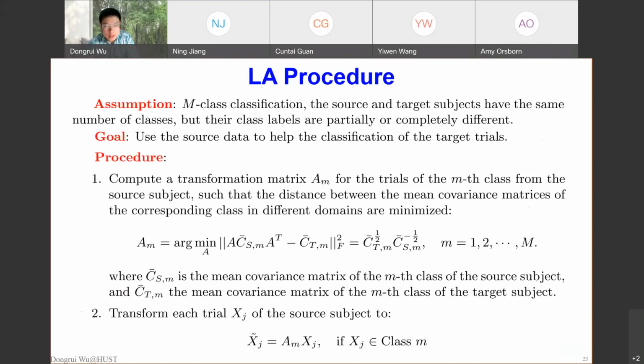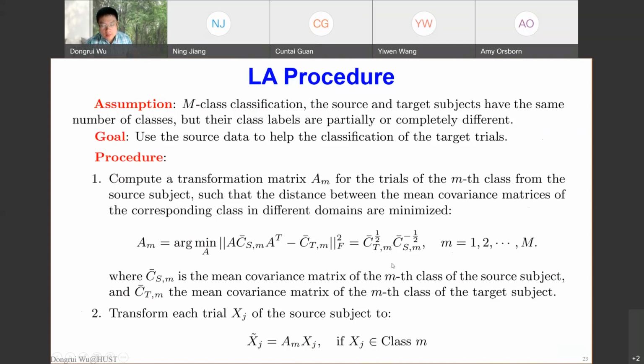And again, it has only 2 steps. The first step is to compute a transformation matrix AM for the trials of the M's class from the source subject, so that the distance between the mean coherence matrices of the corresponding classes in different domains is minimized. This transformation matrix AM is solved from this equation, and it has a closed form solution, also computed from the coherence matrices.